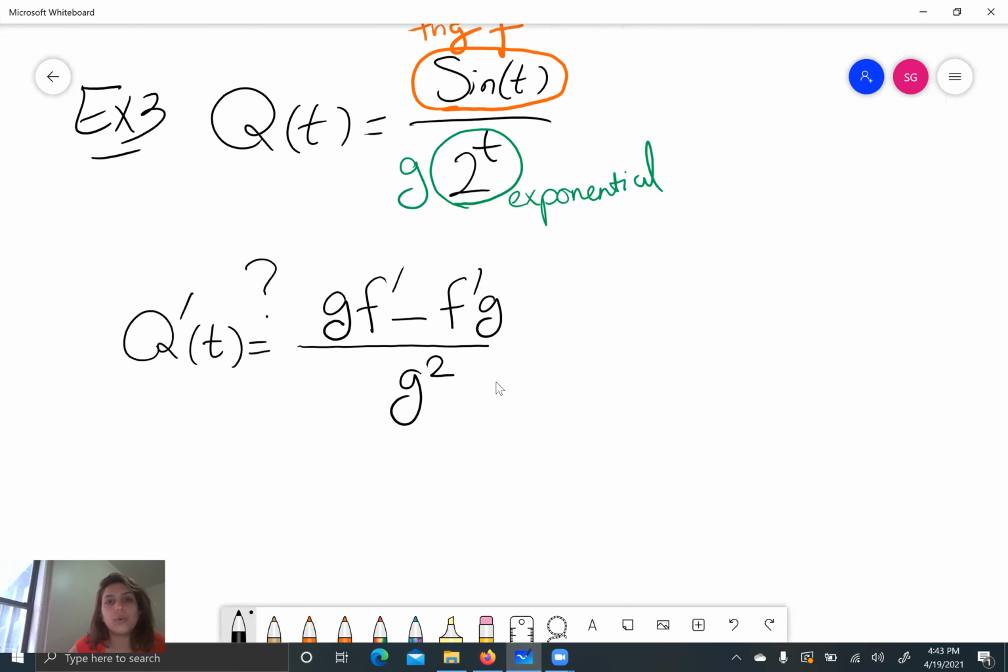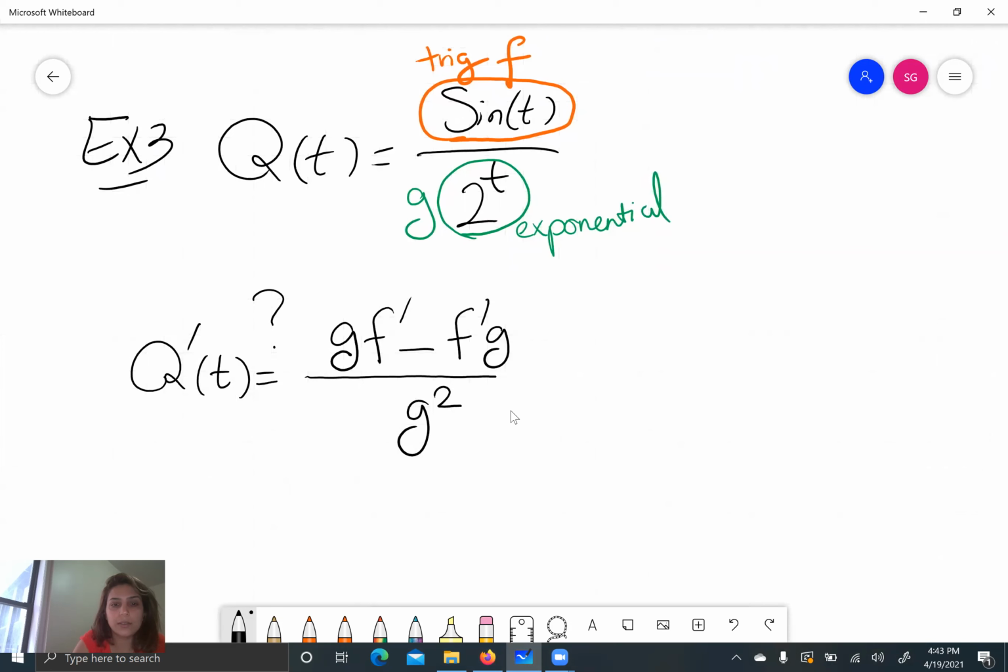By f and g, I mean the functions. By f here, I mean sine of t, the function in the numerator. By g, I mean the function in the denominator, 2 to the t.